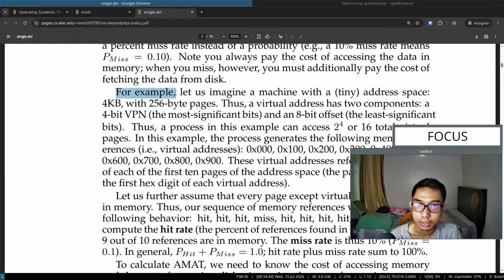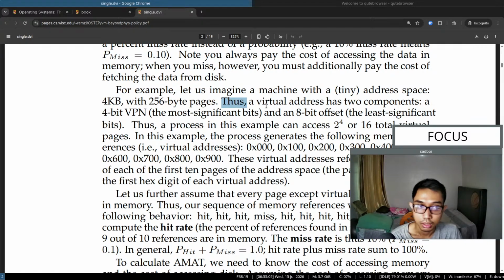Okay, for example, let us imagine a machine with a tiny address space, 4 kilobytes with 256 byte pages.